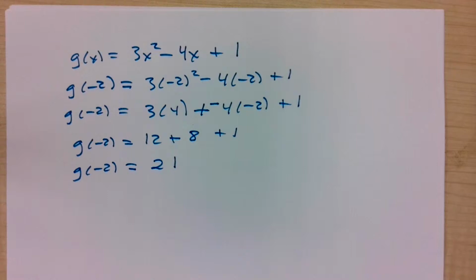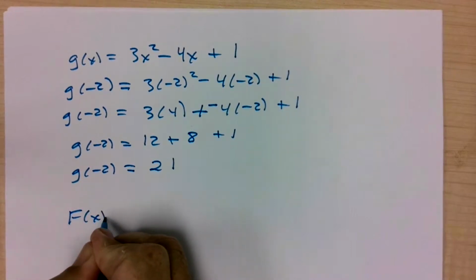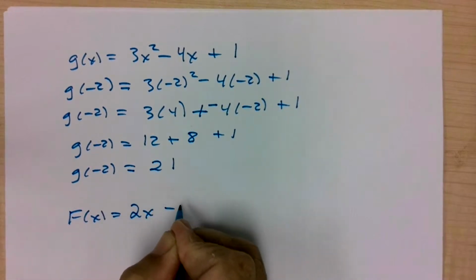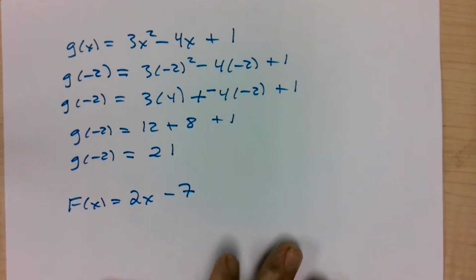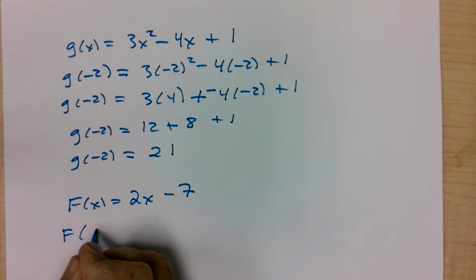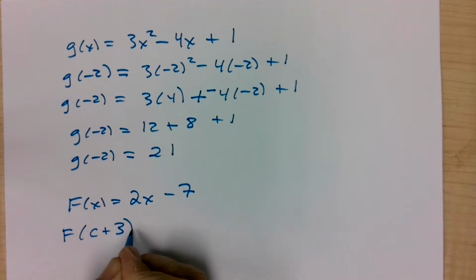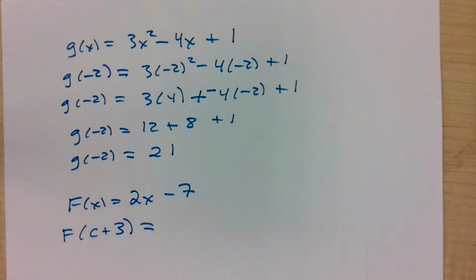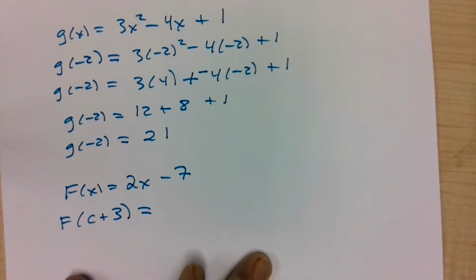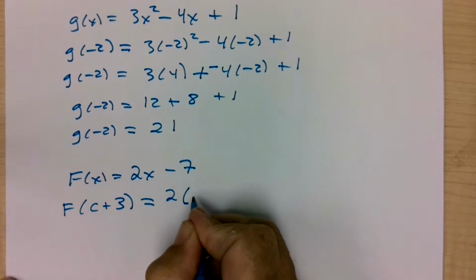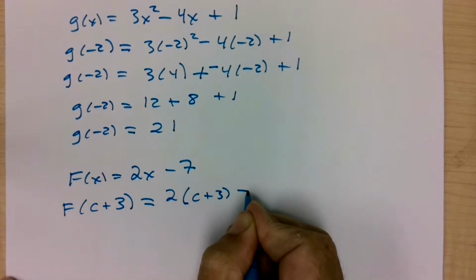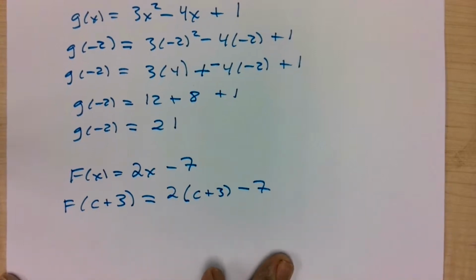And if, for example, I have big F of x is 2x minus 7, I could also ask for something like big F of c plus 3. What that's telling me to do is to plug c plus 3 in wherever I see an x. So to replace with parentheses, 2 times c plus 3 minus 7.